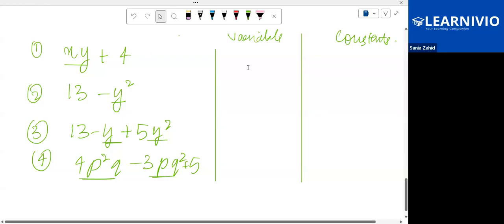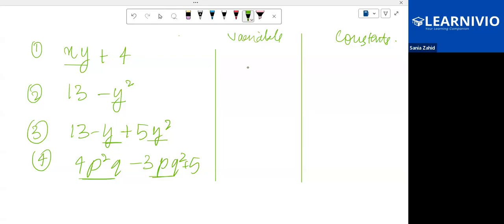Okay, tell me the variables. xy. Then y, no, just y square you'll write. Minus y square. Variable term now. So the variable term is minus y square. Okay. Then, again y square, no, minus y and plus 5y square.